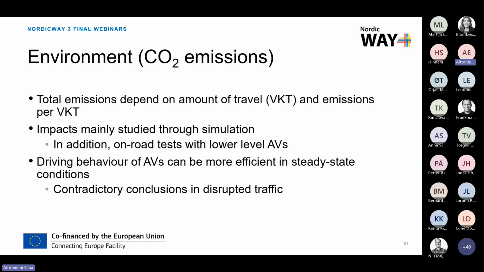The findings suggest that driving behavior of automated vehicles can be more efficient than that of human drivers, especially in steady state conditions, when the traffic is stable and there are no disruptions. But the conclusions for disrupted traffic are more contradictory, and research points towards negative effects in these conditions. And real world disruptions are very common. There are always many types of road users, gradients, weather conditions, and all kinds of disruptions present.